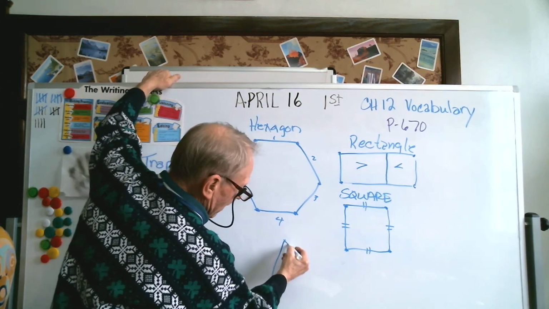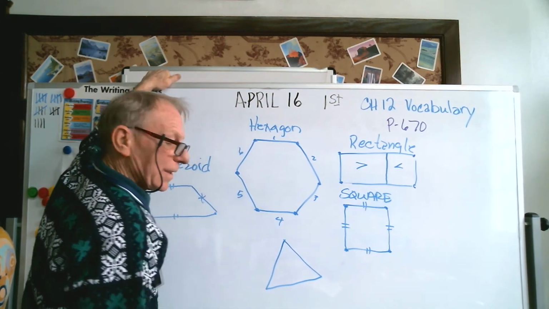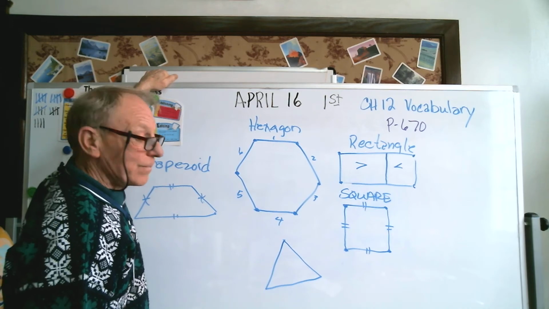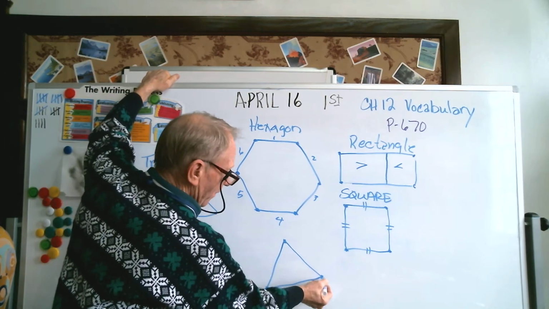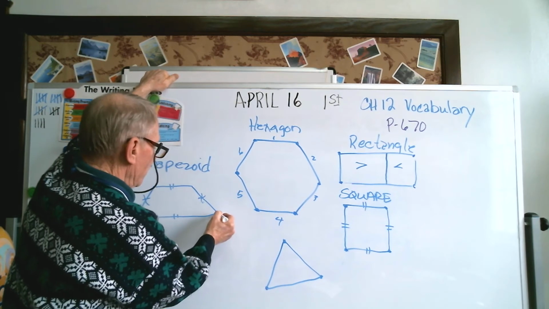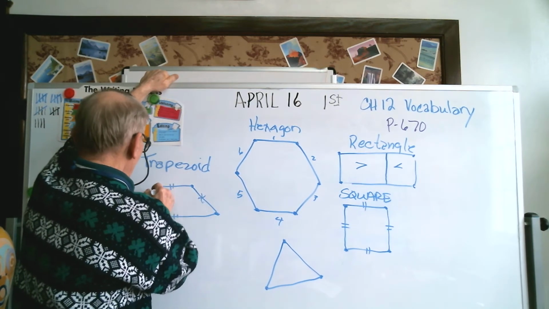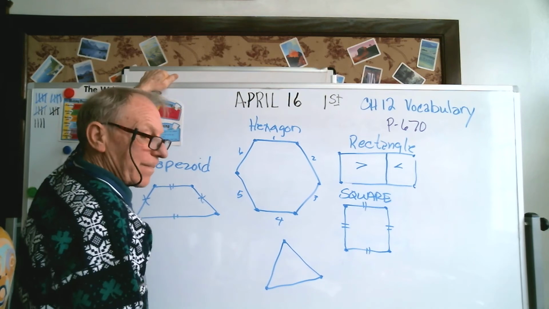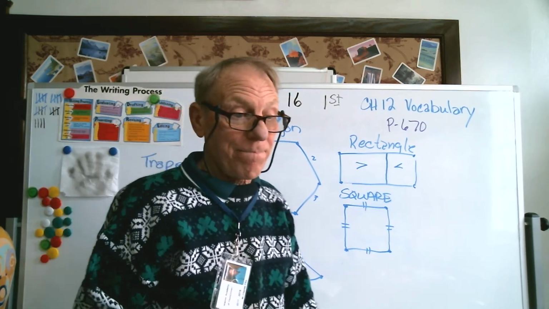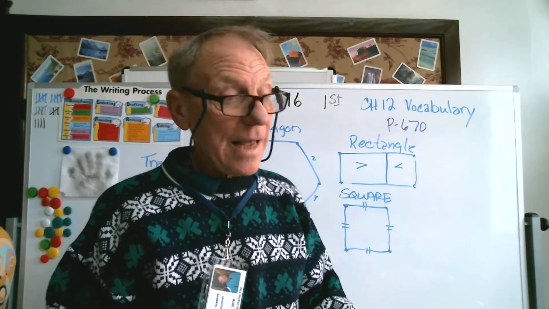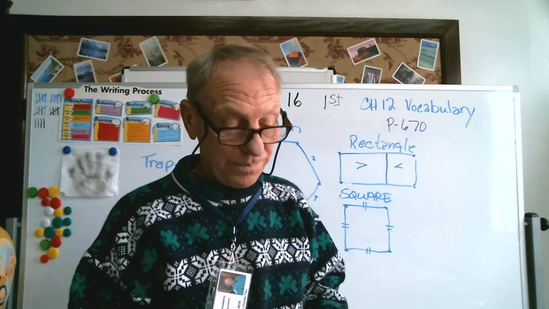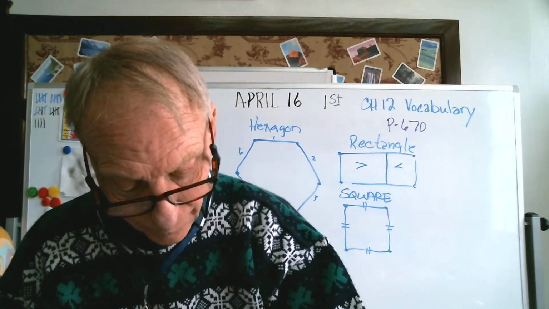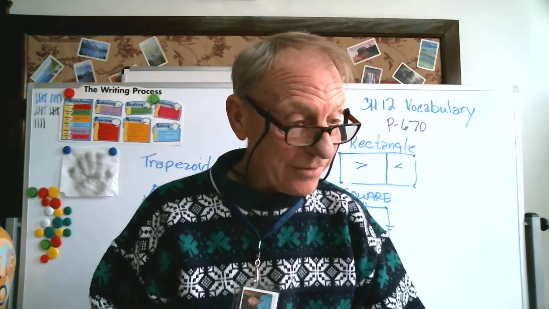How many vertexes in a triangle? 3. Where the lines come together, where they touch. That is called the vertex. It's the point in any angle where the lines touch. That's the vertex.